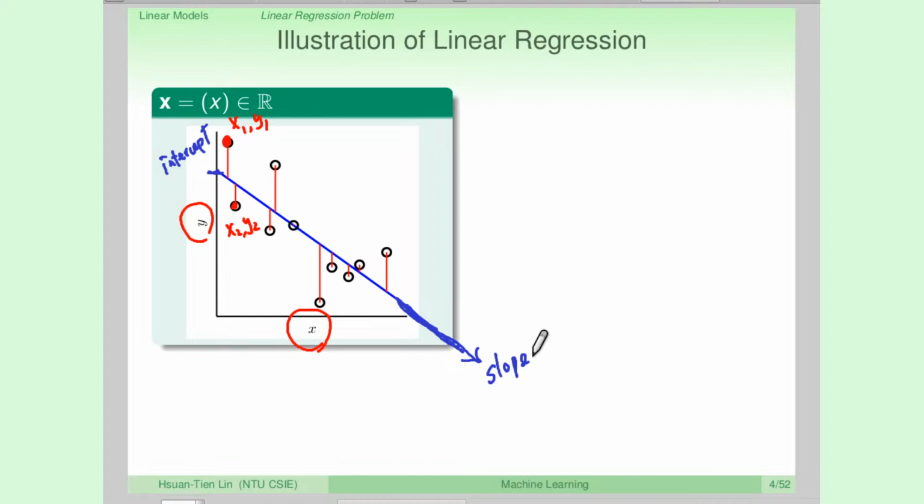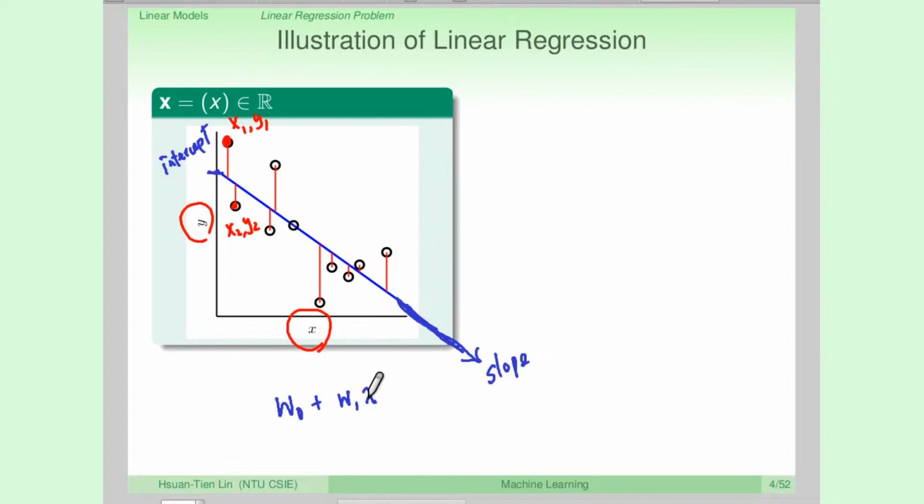In our terminology, we find this particular line will be having some W that basically says the output is W0 plus W1x. So this is the equation of the line.